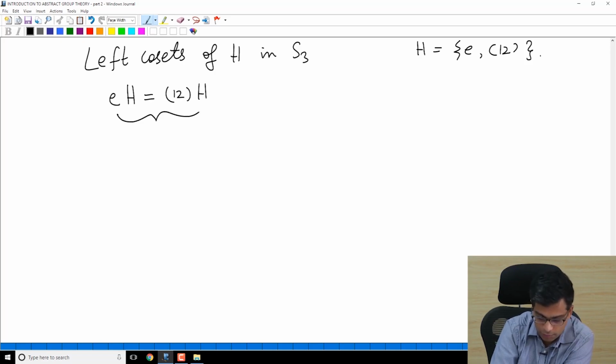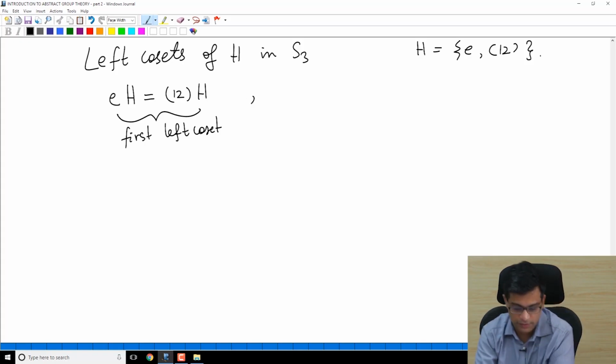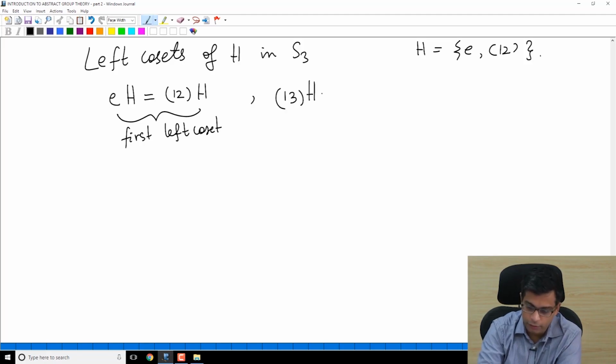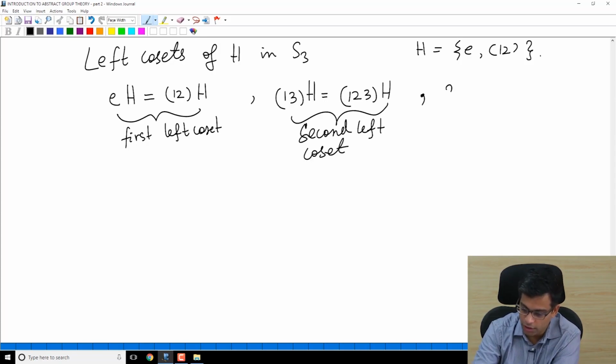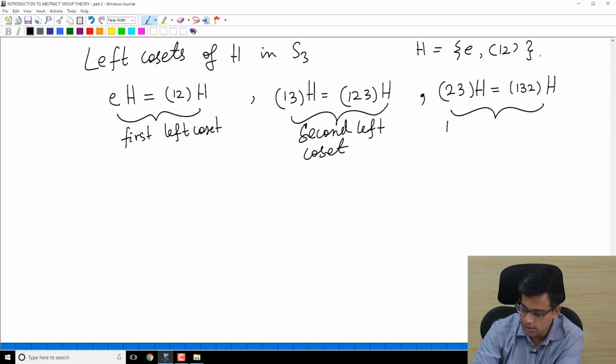This is one coset, the first left coset I wrote. The second one is (1 3)H, which also happens to be same as (1 2 3)H. This is the second left coset. And finally we have (2 3)H, and that's equal to (1 3 2)H. This is the third left coset.